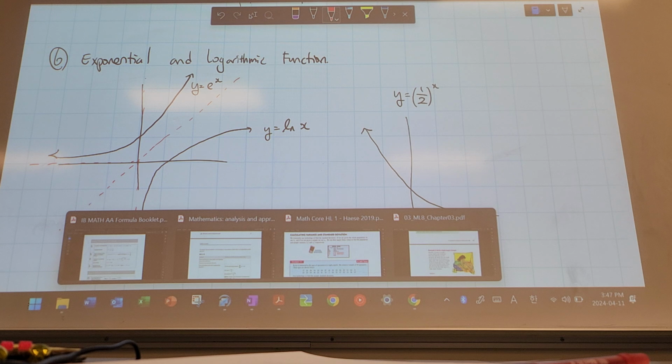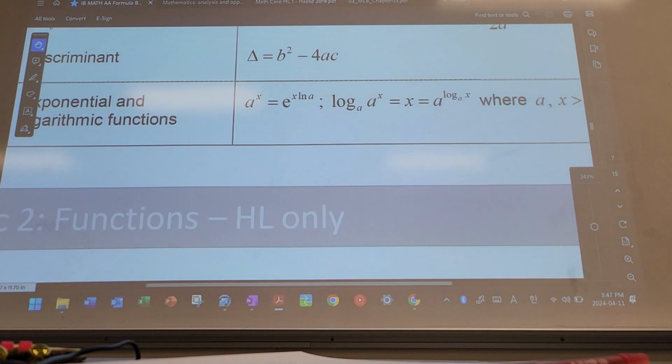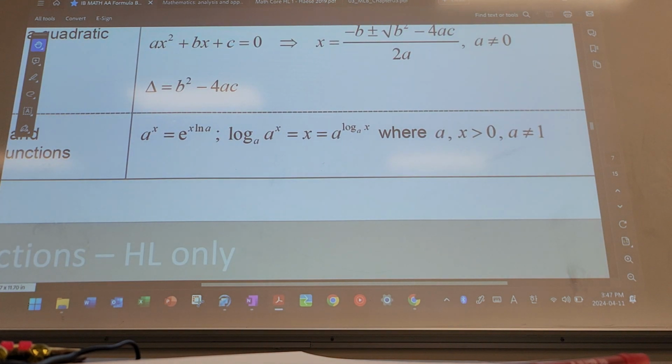Nothing much to mention here. Oh yeah, there are some conversion things, the one that we did yesterday, it's right here. x equals a to the power of log base a of x. I never knew this. What does this mean?